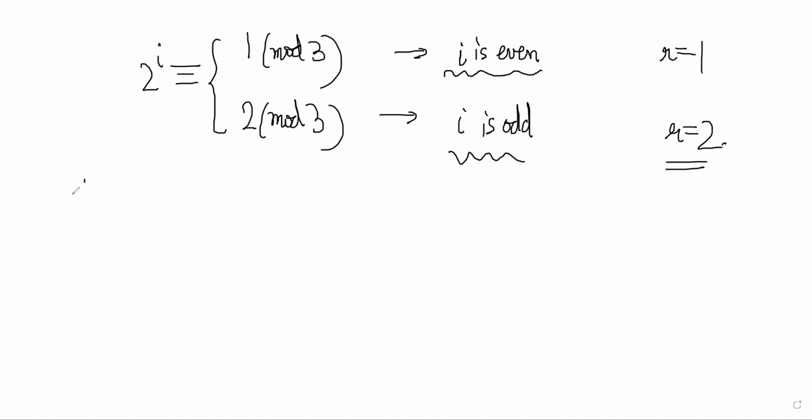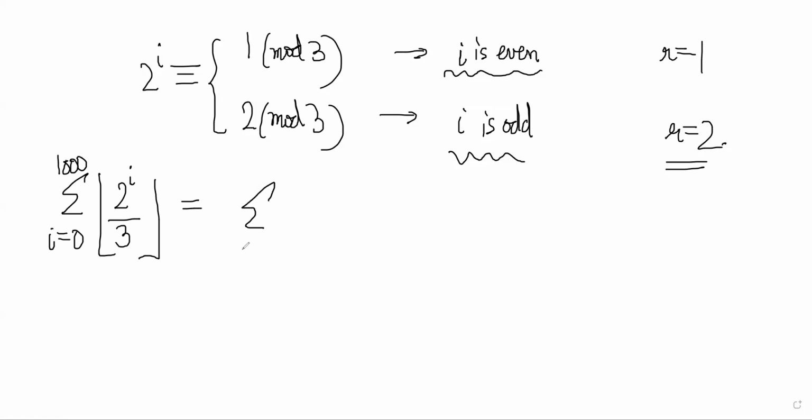So if you have a summation of GIF of 2 power I by 3, where I goes from 0 to 1000, we can obviously split this apart into separate cases: I is even, and the other case is when I is odd.